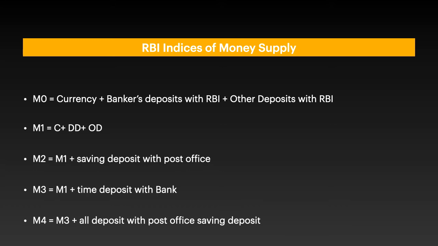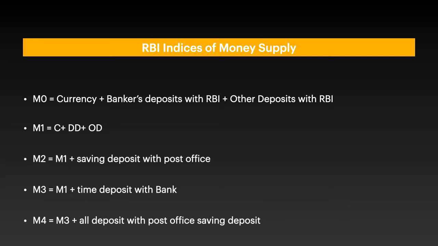M3, which is also known as the broad concept of money supply, consists of M1 plus time deposits with the banking system. Now, time deposits are those which are payable at a particular period of time and not on demand.